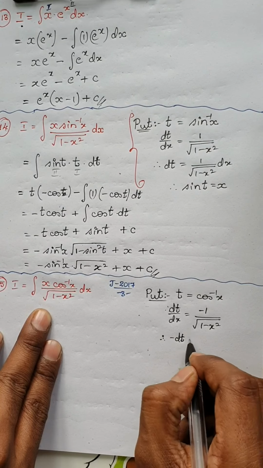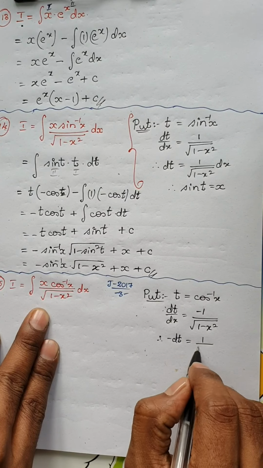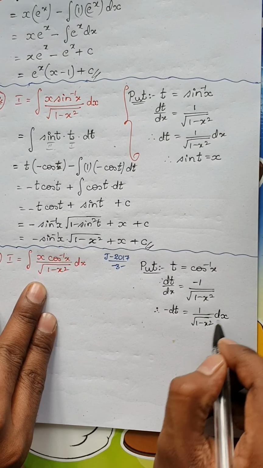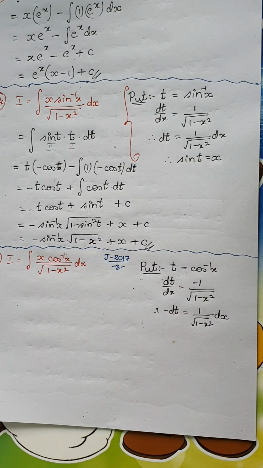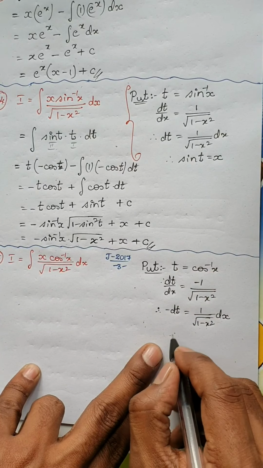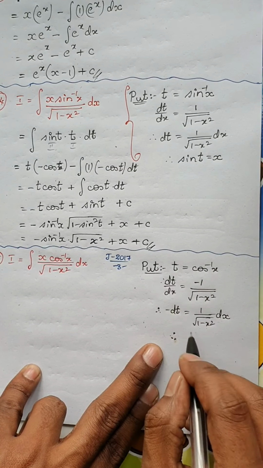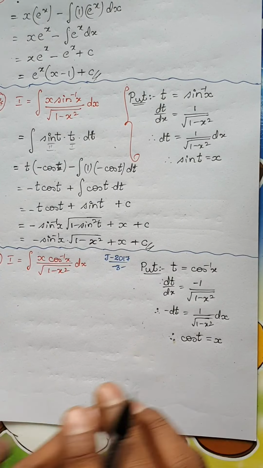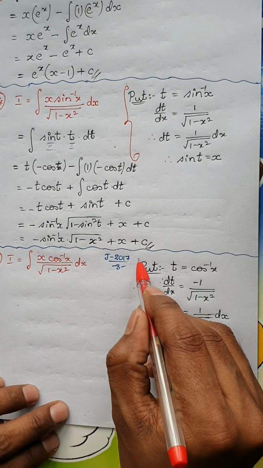So minus dt will be 1 divided by root of 1 minus x square into dx. These are standard results. And one more thing, since you have taken t as cos inverse x, if you apply cos on both sides, you will get cos t as x. So this is the substitution part.